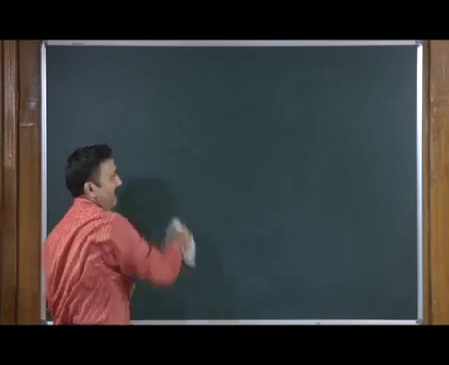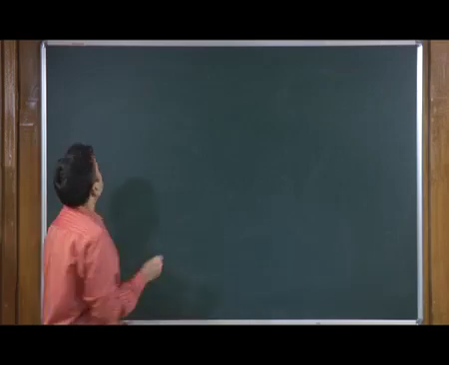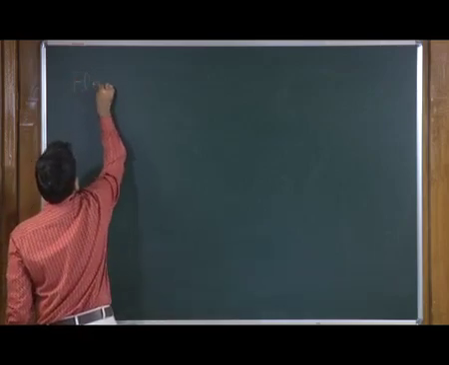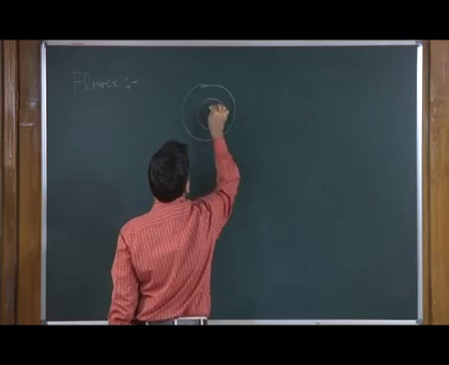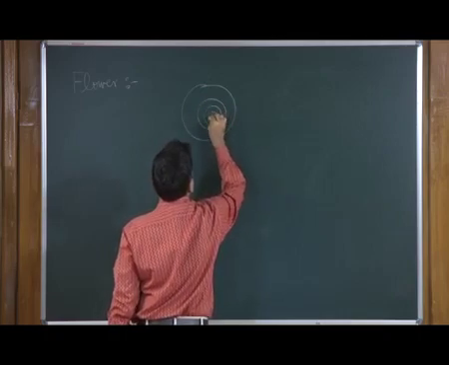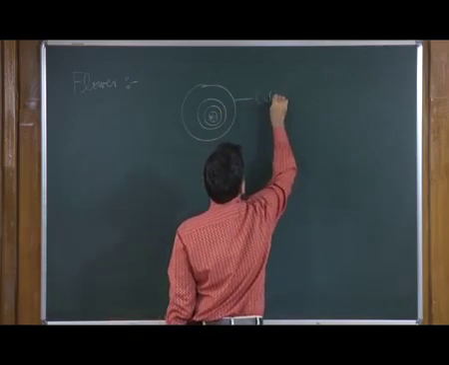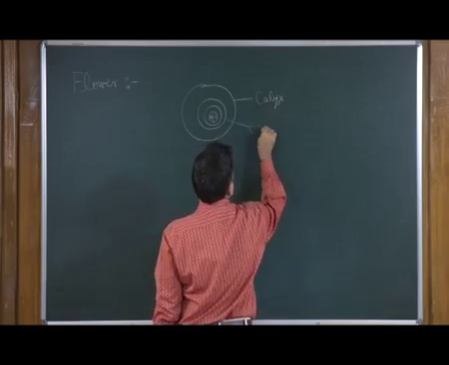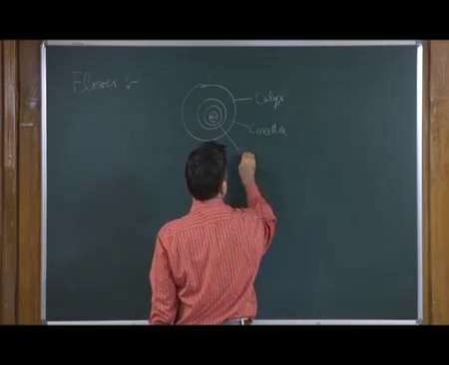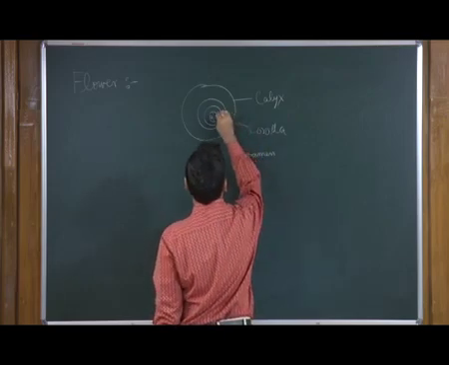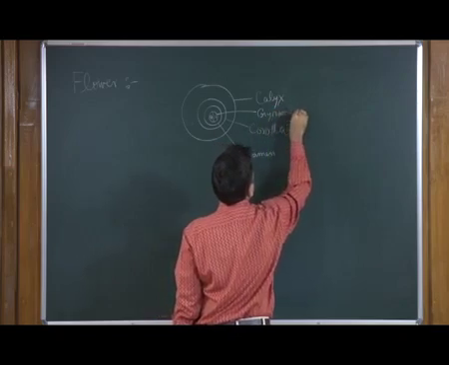So, as you can see, this is the calyx, corolla, this is the stamen or androecium, and this is the gynoecium.